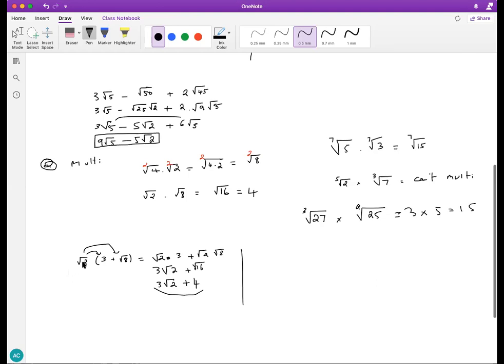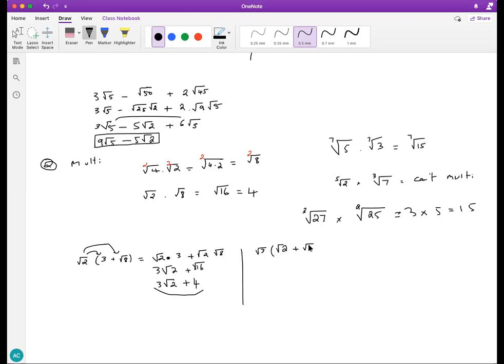Okay, so that's if you have a radical times a number and another radical. Let's see now what happens if you have two radicals. So if you have two radicals, maybe a radical 3 or the radical 2, and maybe some other number here.